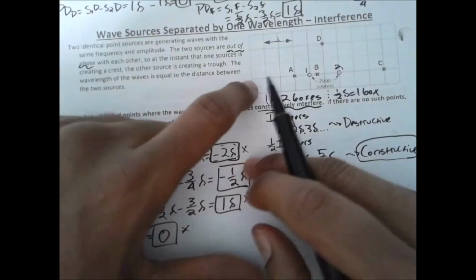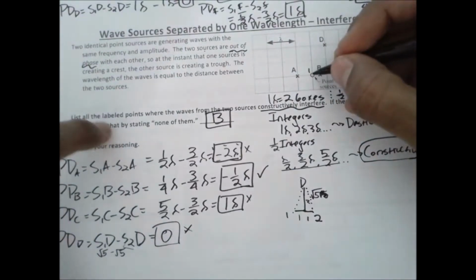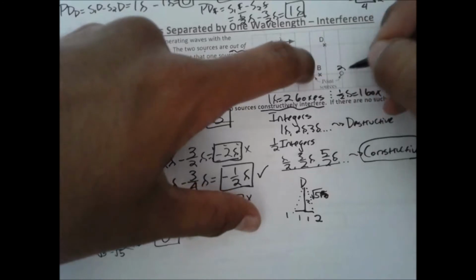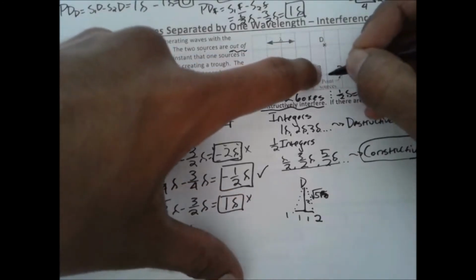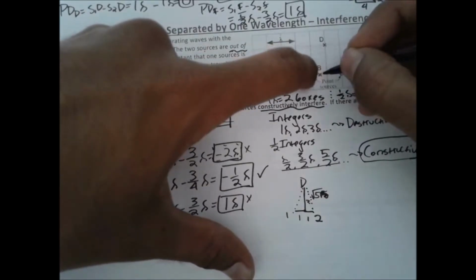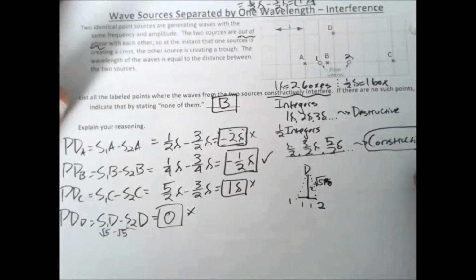While one source is generating a crest over here, point source 2 is generating a trough right over here. But then as they meet here, the crest from here intersects with a crest from this. This has become a crest. That's not a good image of it, but it's the best I can do right now. Alright. That really wasn't a good explanation.